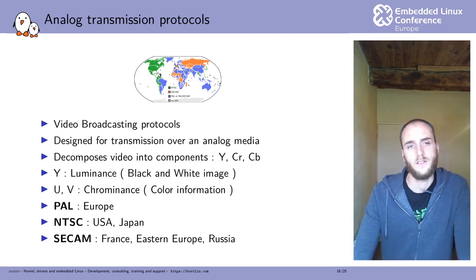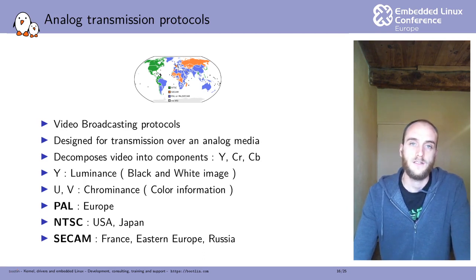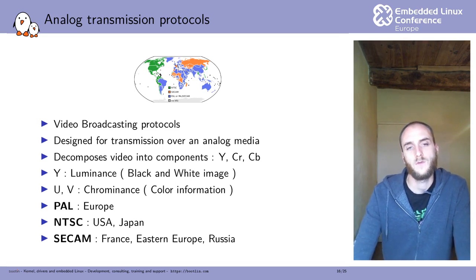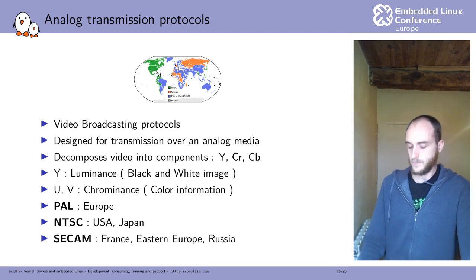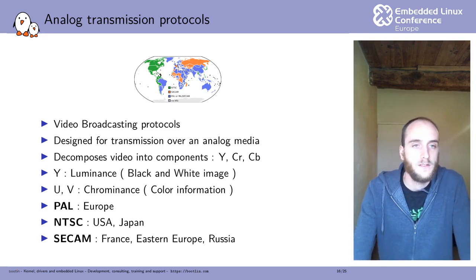The other main advantage of that is that actually the human eyes are much more sensitive to black and white information than to color information. So when the brain interprets things that it is seeing, it is mostly basing its analysis on the black and white luminance information. This means that we can compress the chrominance information with loss and therefore transmit data with a higher throughput. So this is still used as of today in some cases.